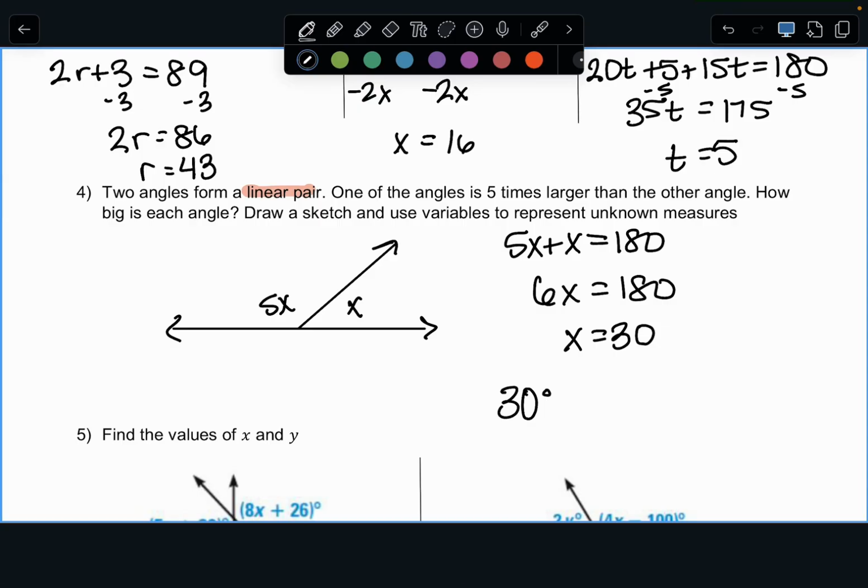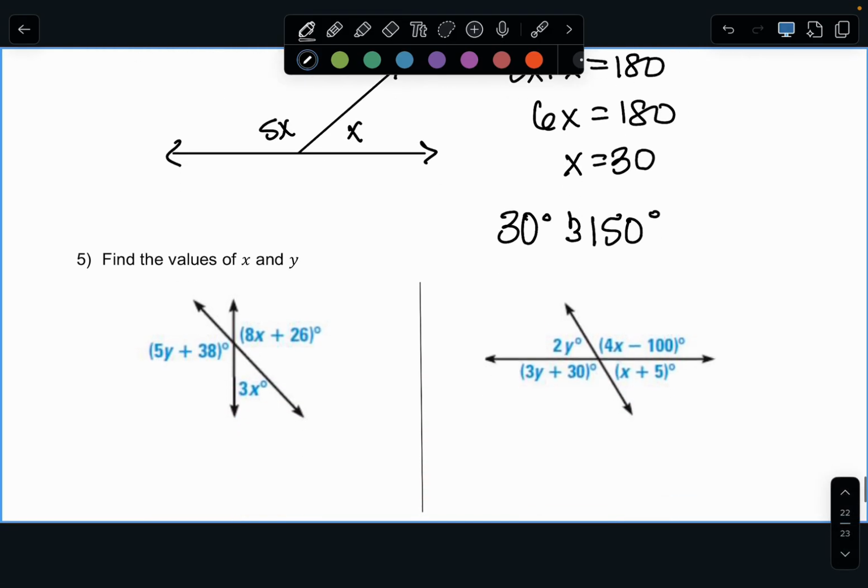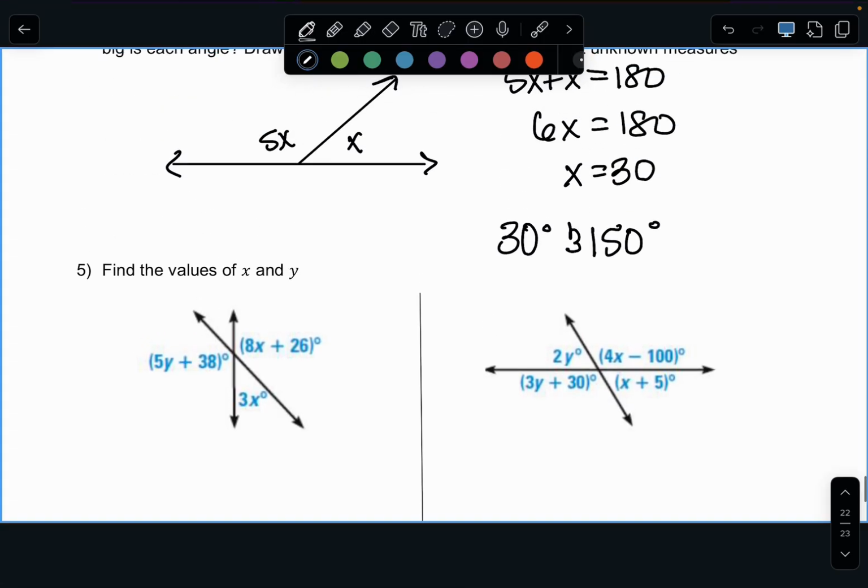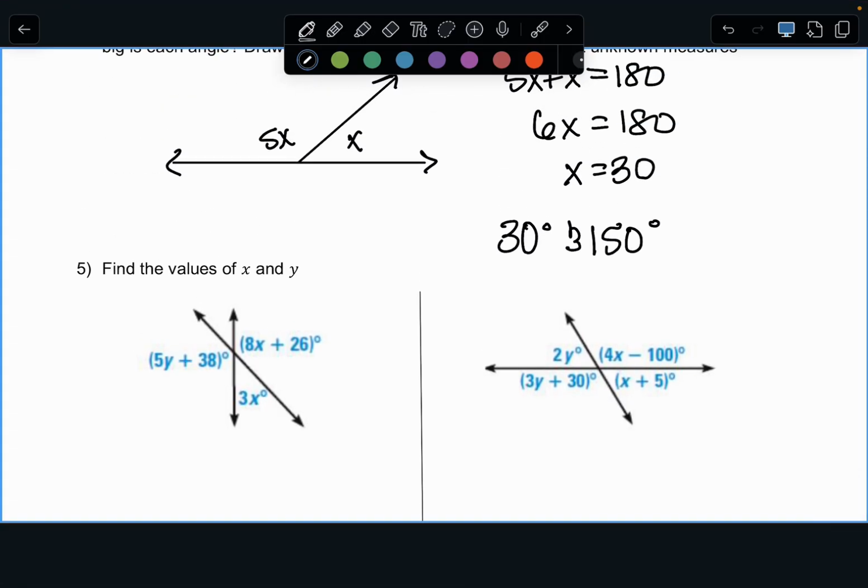What's the measure of this angle, if x is 30? 150. 5 times 30 is 150. So your two angle measures are 30 and 150. Questions on that one?